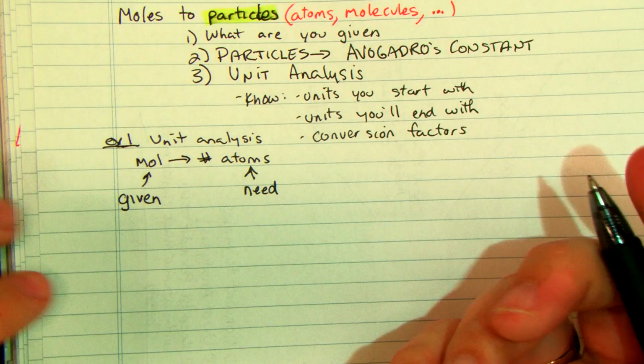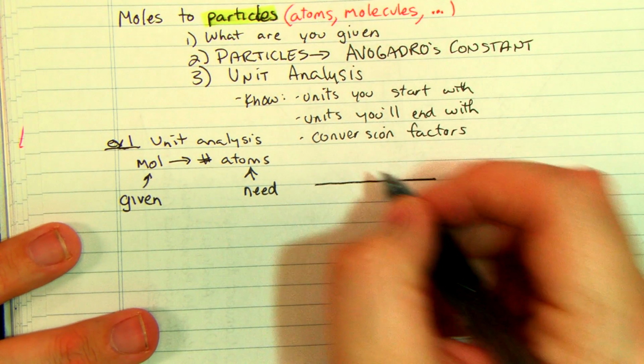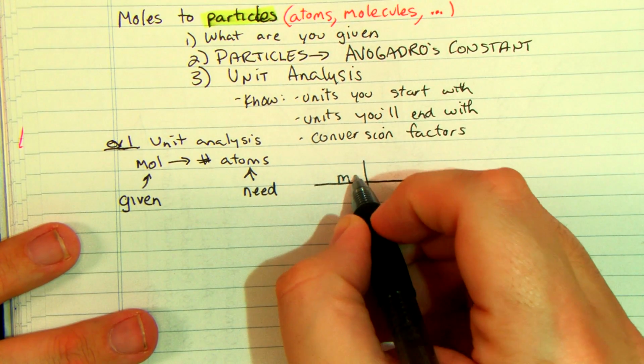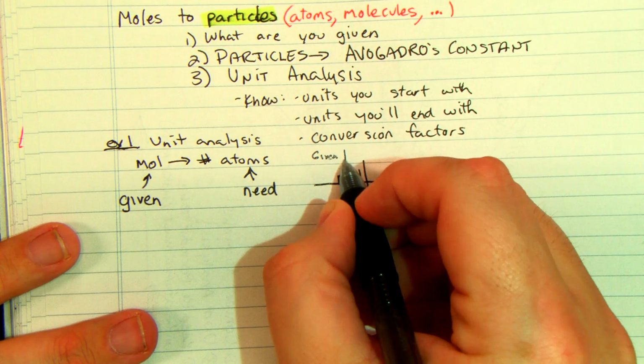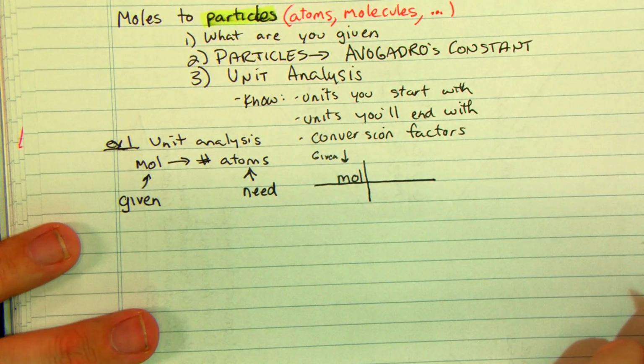Now the unit analysis works like this. If we just set this up like this, the given is always the first step right here. Now, what did we say we can do with units? We can cancel them out.